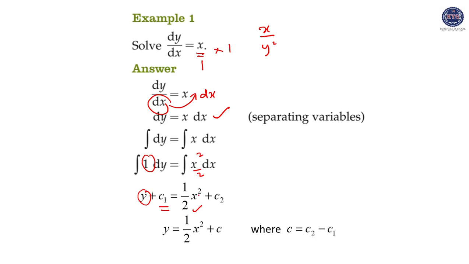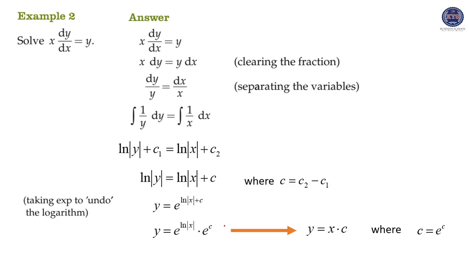So therefore move the c1 to the right hand side. So you get y equals 1/2 x squared plus c, where c equals c2 minus c1. And usually we keep it as a positive c; rarely do we put a negative c. So again you can put y as the subject over here. Okay, this is also one example.